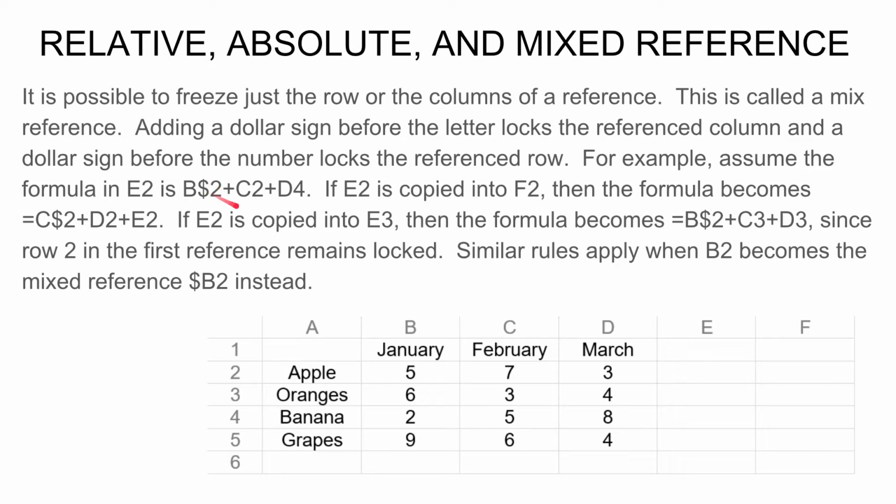So if we have E2 as B$2 plus C2 plus D2, and if we copy that cell into F2, then the formula becomes C$2 plus D2 plus E2.